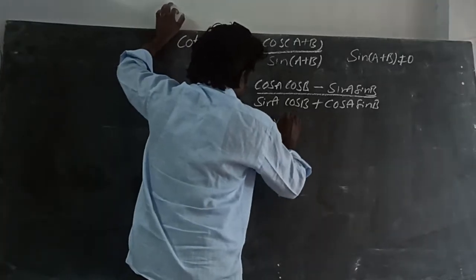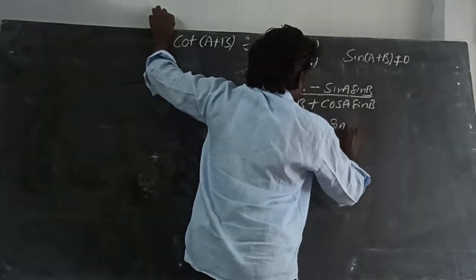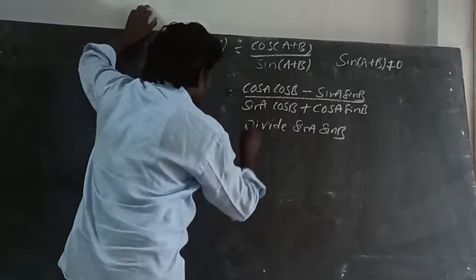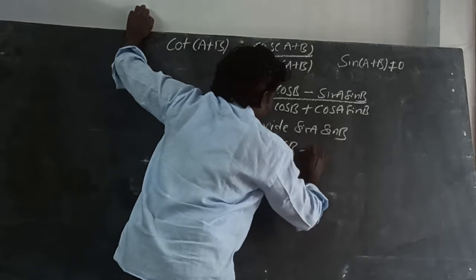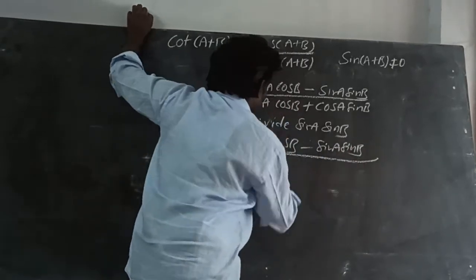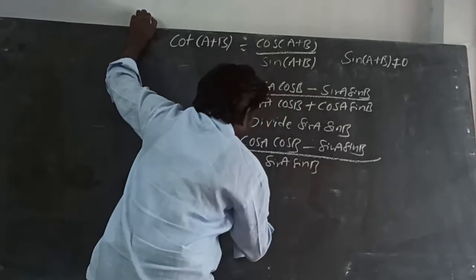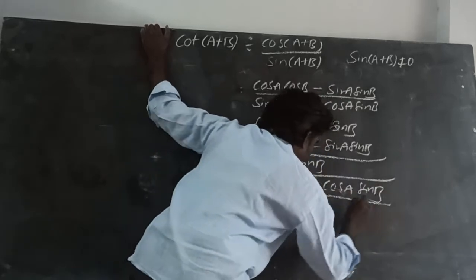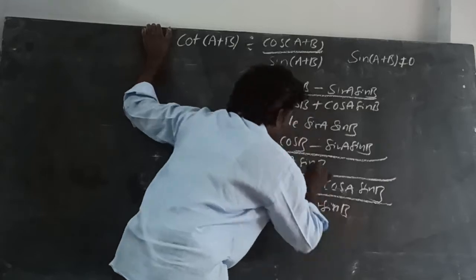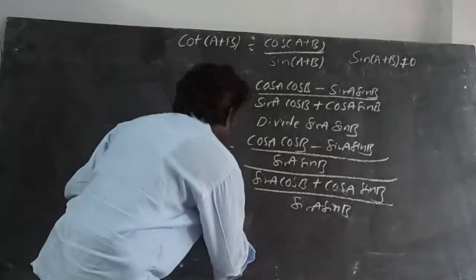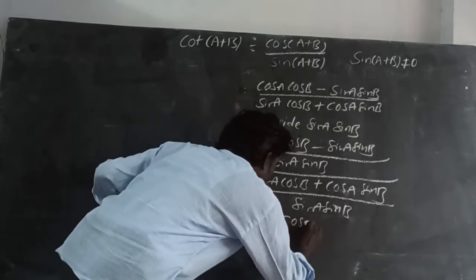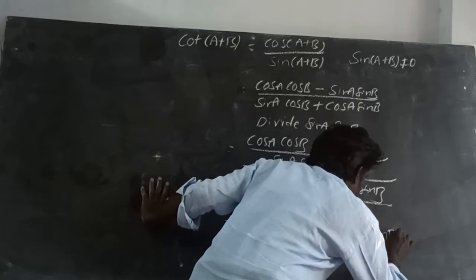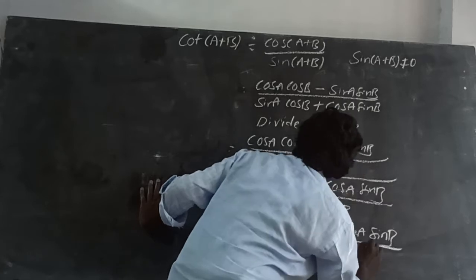So here we divide numerator and denominator by sin A sin B. That is cos A cos B by sin A sin B minus sin A sin B by sin A sin B, by sin A cos B by sin A sin B plus cos A sin B by sin A sin B. Here these two terms, the common denominator is sin A sin B.